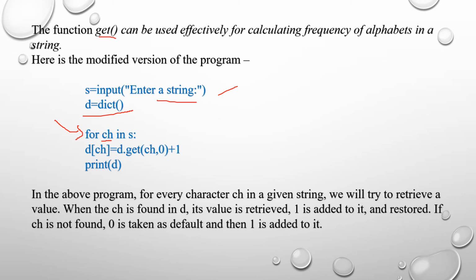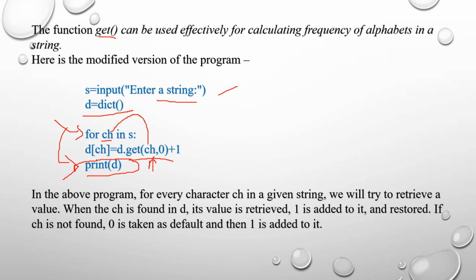After that we are going to update d of ch, is equal to, we are calling the dictionary d dot get function. Here we are passing two parameters: ch, the loop variable, comma 0, plus 1. After that we are going to print the updated dictionary.